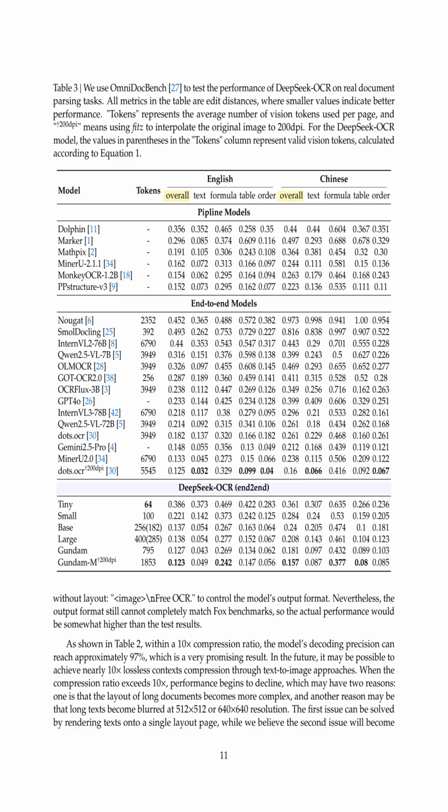GOT-OCR2.0, 256 tokens, 0.287. OCRFlux-3B, 3949 tokens, 0.238.